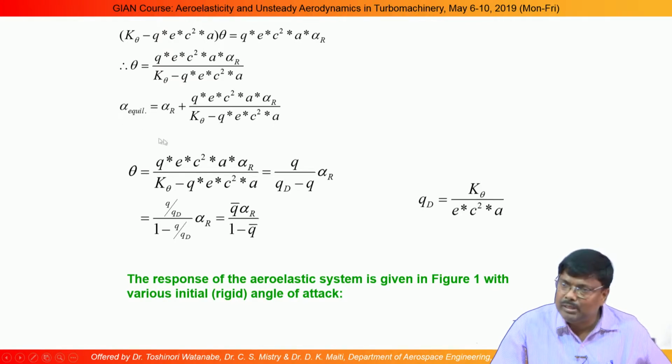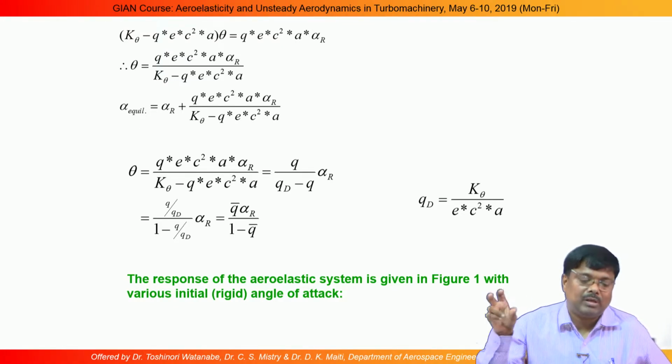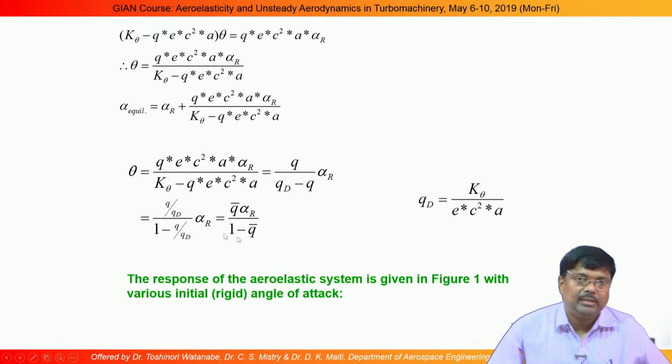So, there will be an equilibrium alpha, alpha equilibrium, for a particular velocity: alpha r plus theta, whatever is coming. I can calculate the theta with respect to the non-dimensional parameter.